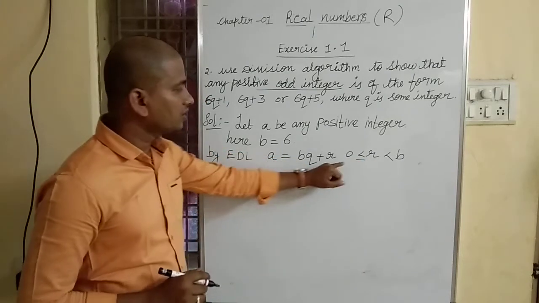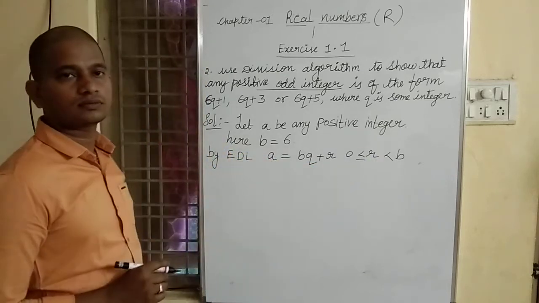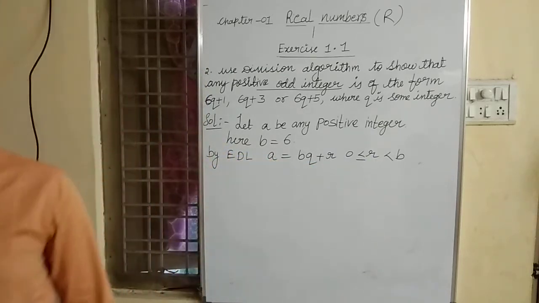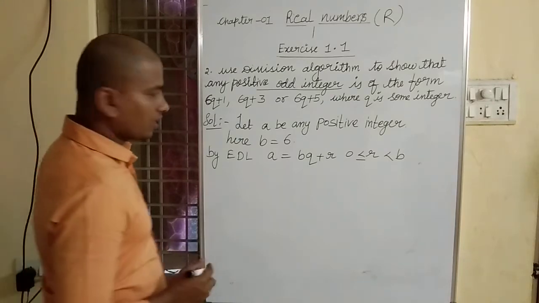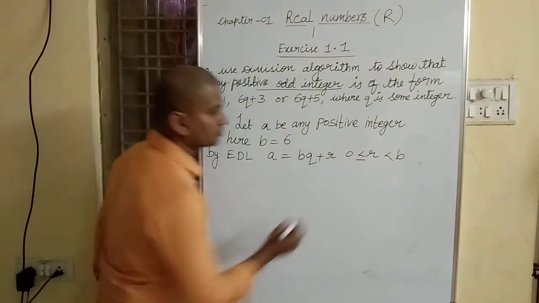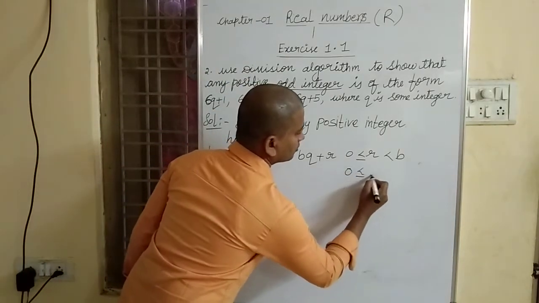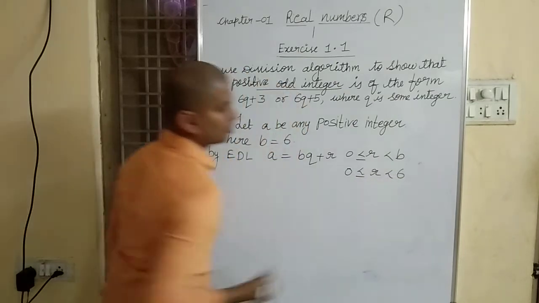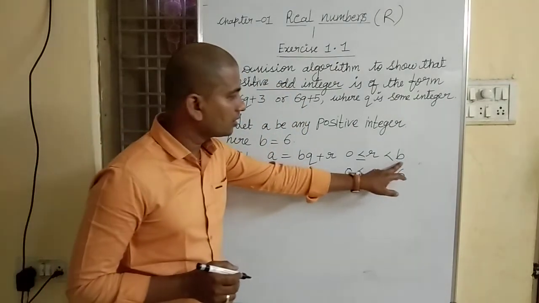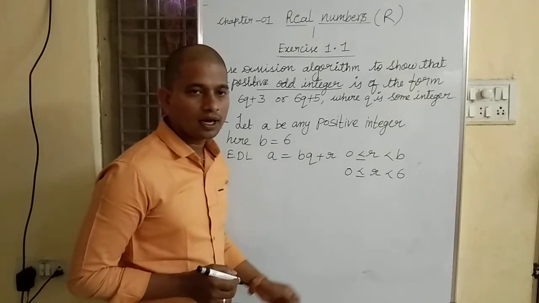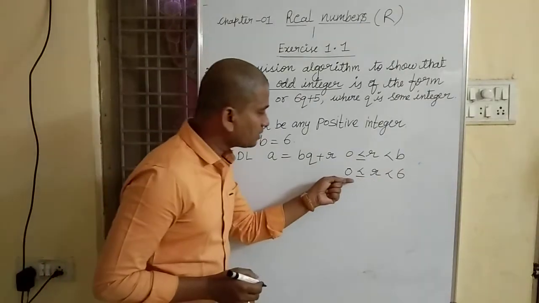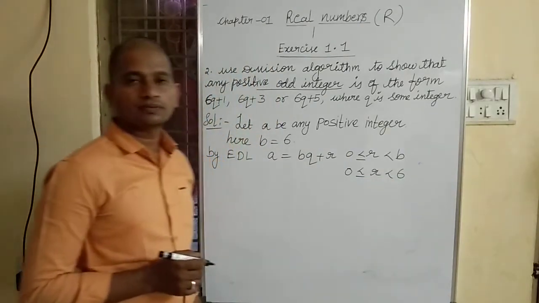Here the value of b is 6. So r lies between 0 and 6.